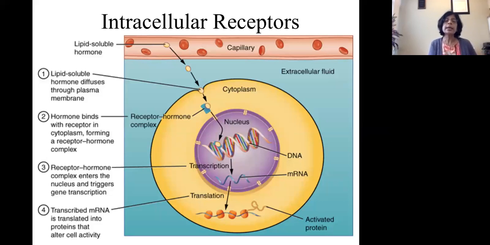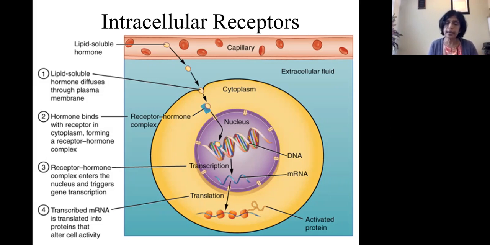So what we see here is a response that is given by the cell in response to a hormone. The hormone arrived, and what all happened here? A long series of steps took place, and the end result is the production of one protein.